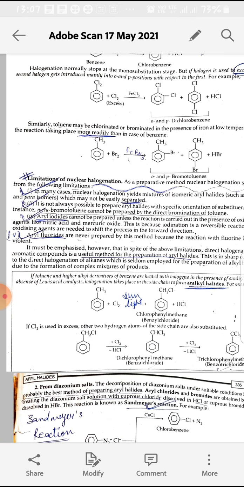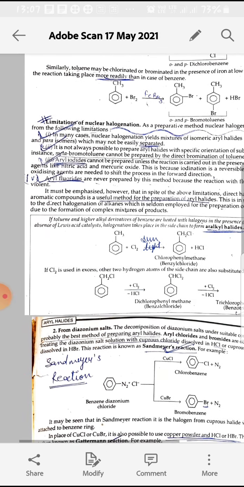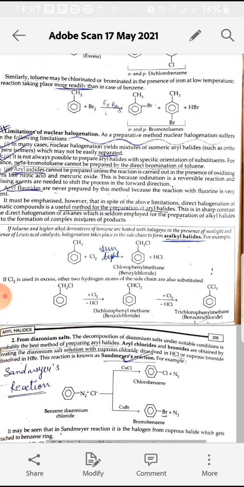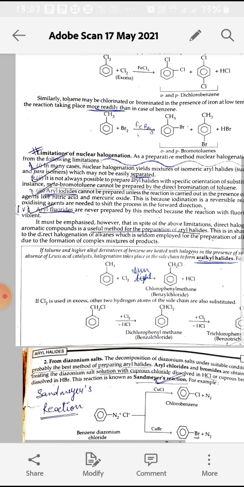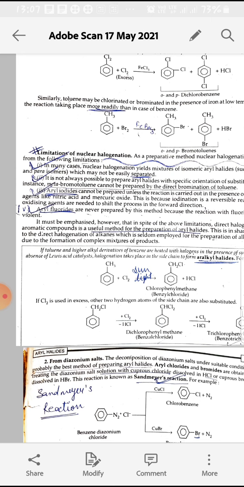And if we want a specific orientation, that is the meta product, then we cannot obtain it; meta bromotoluene cannot be prepared by direct bromination of toluene. So first is a mixture of isomeric aryl halides that we obtain. Second is that the specific orientation, the meta product, will not be formed.